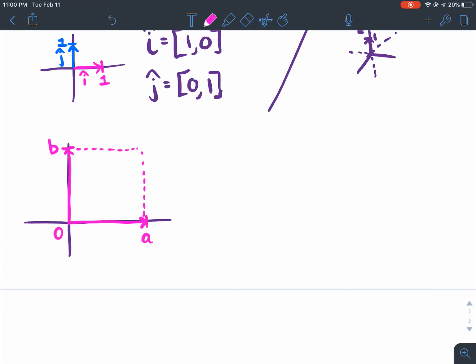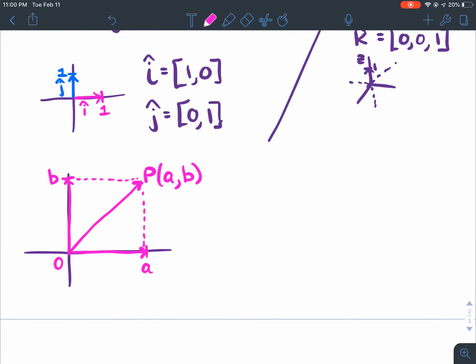And then we've got this point P at coordinates (A, B).